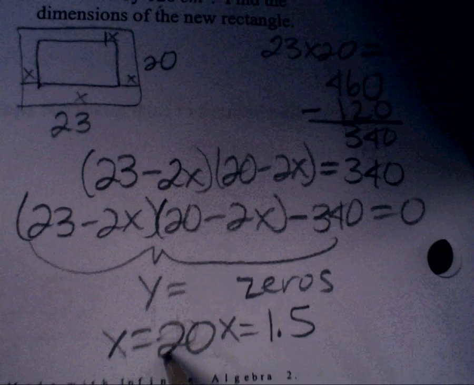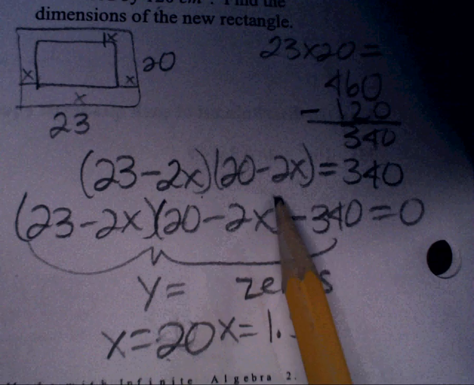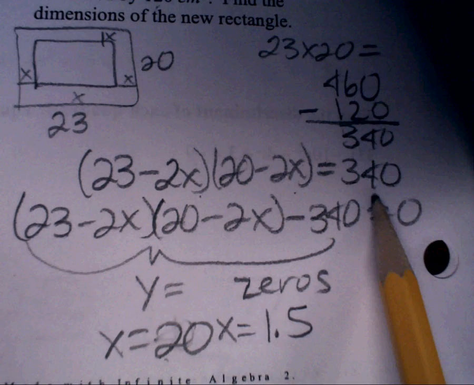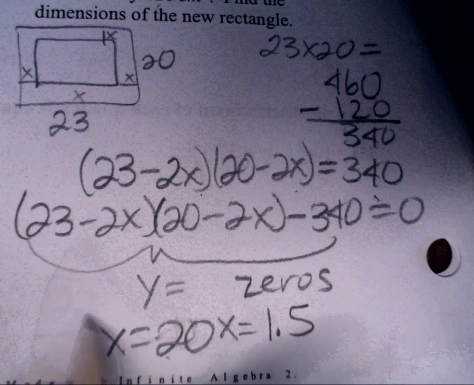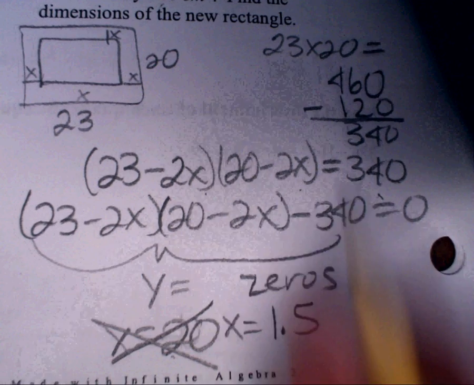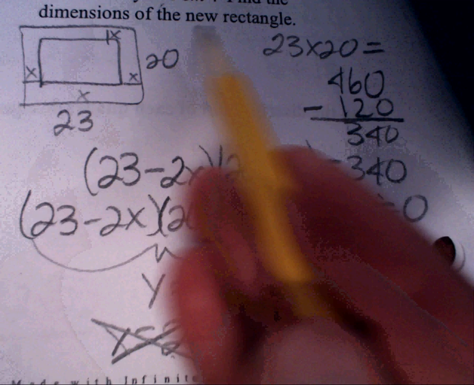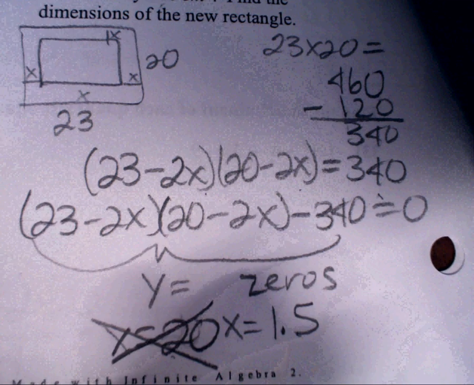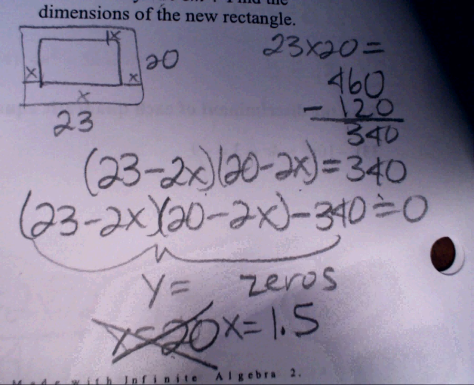Well, if you were to take 20 and plug it in for x here and here, you would not get 340. You would end up with a negative number. So 20 is too big. So let's actually see what the question says. Find the dimensions of the new rectangle. So if x is 1.5, it'd be 23 minus 2 times 1.5.